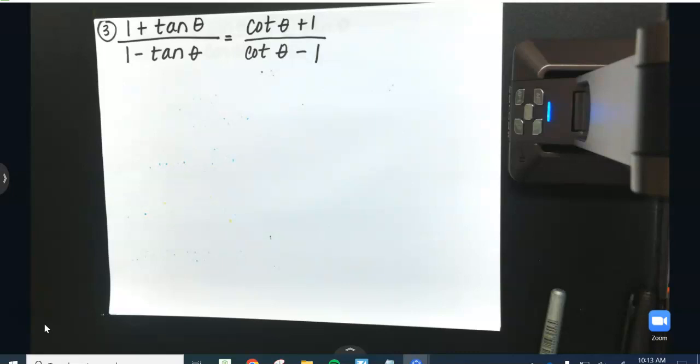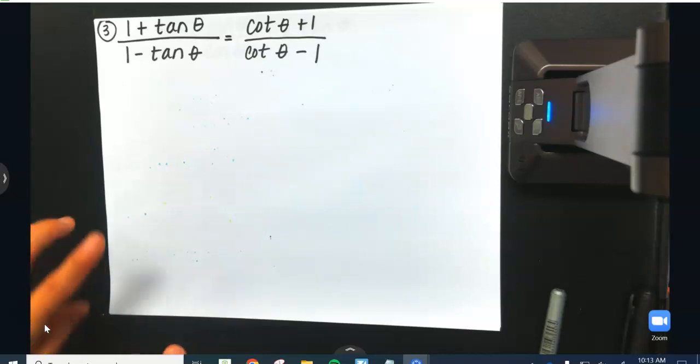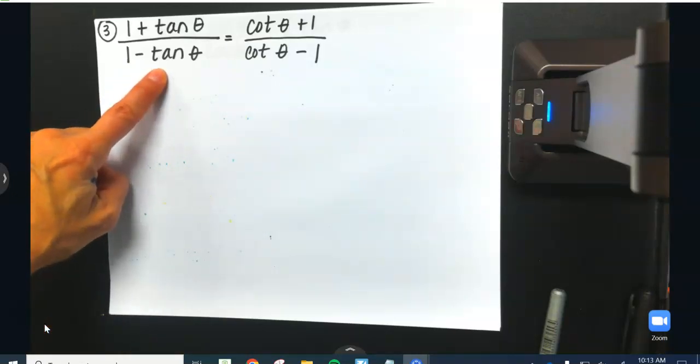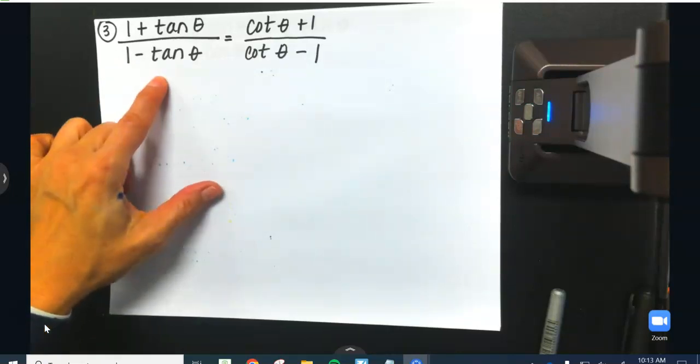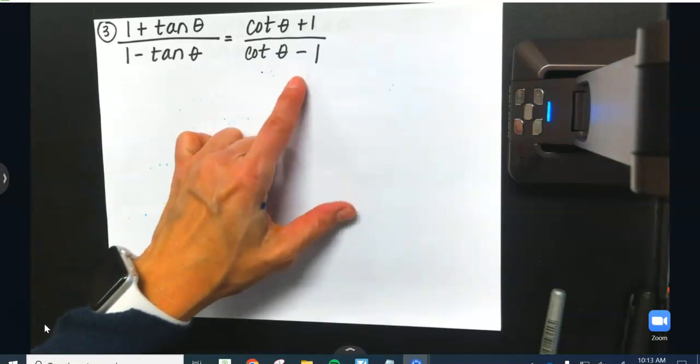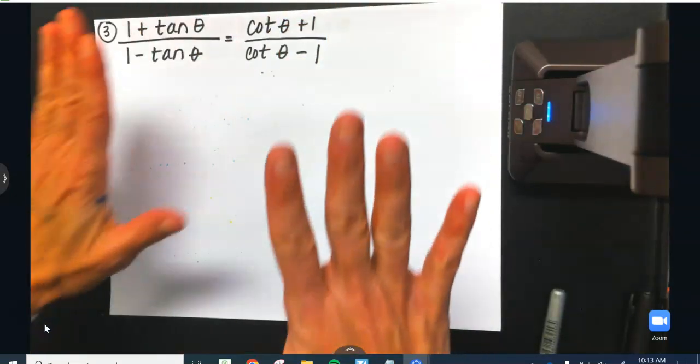They look similar. One has a plus, one has a minus. So if I had to go into any secondary criteria, it would be to leave one of the main 3 alone. And when I say main 3, I'm talking about sine, cosine, and tangent. I'm going to leave this alone. Focus on this.